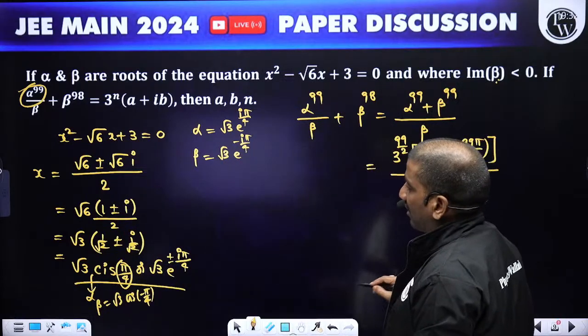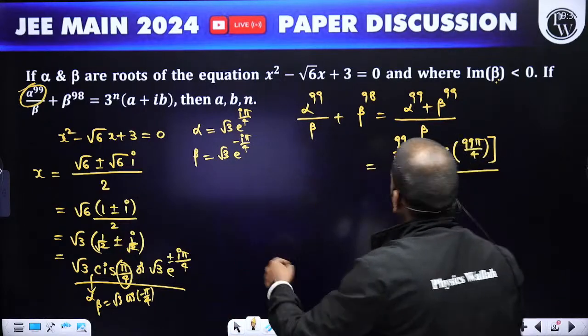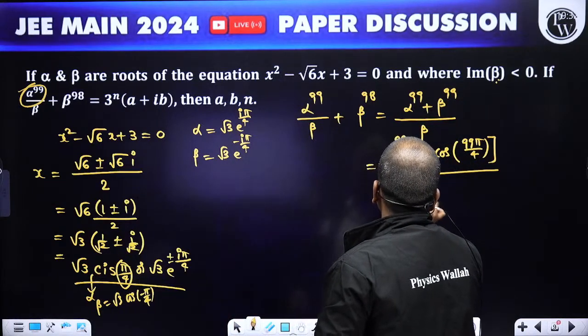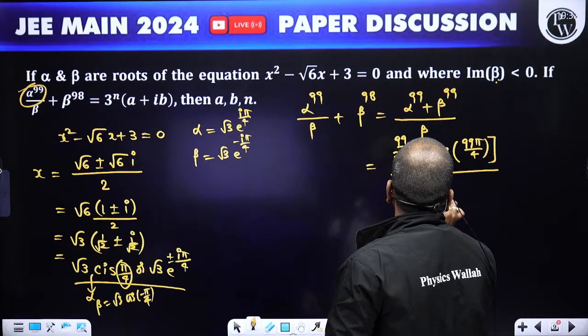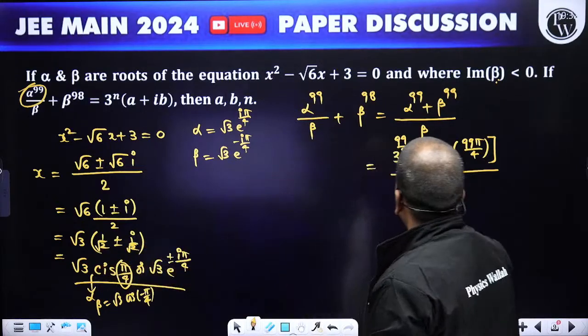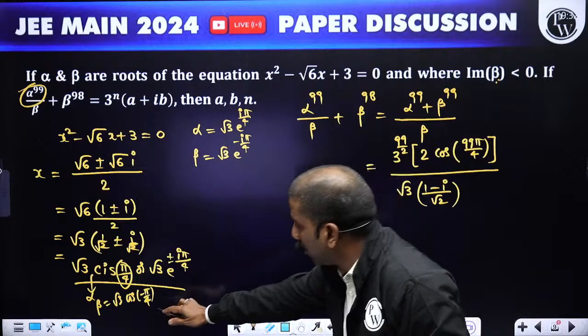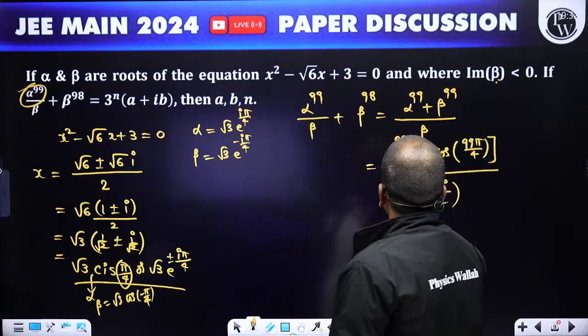I will write it like this. Beta is root 3 times 1 minus i by root 2. So that is beta. Fine. Now just simplify this.